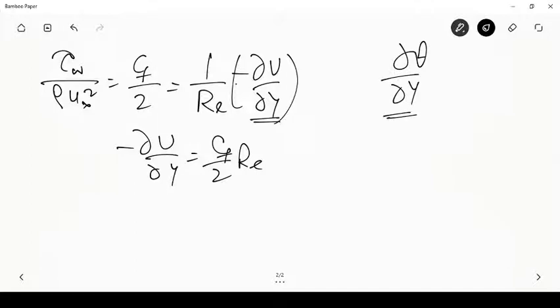If I look at the expression for Nusselt number, h into (t infinity minus Ts) is equal to k into del t by del y.